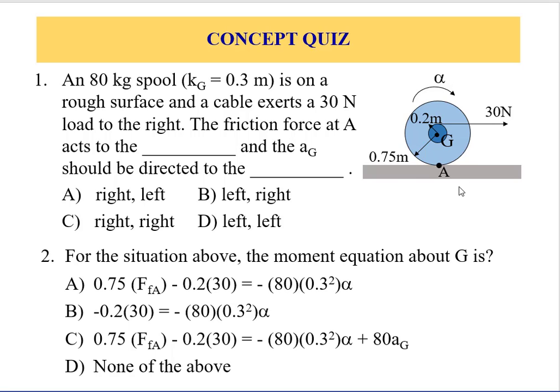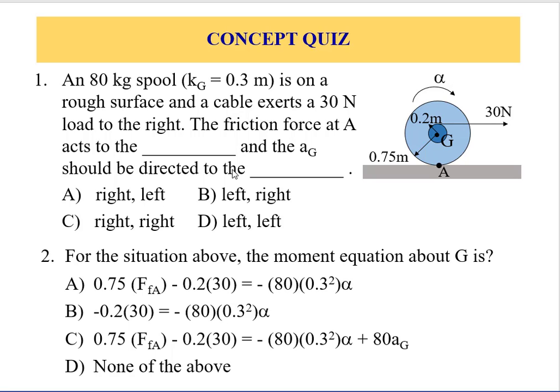So this is on a rough surface, and there is a cable that exerts a 30 Newton load to the right. The friction force at A acts to, and the acceleration of point G should be directed to what?